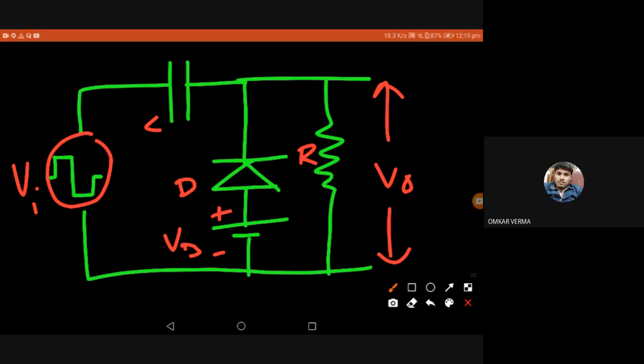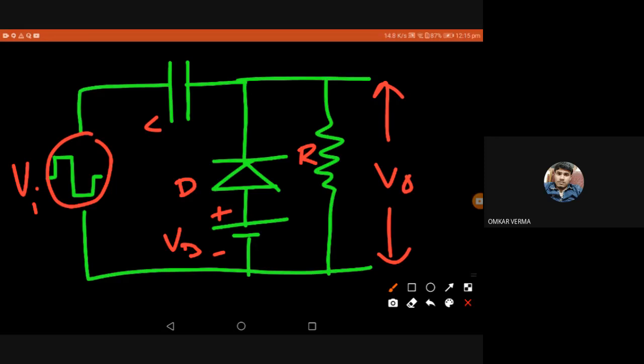Yes. Can you draw the circuit in a notebook? And there is only one thing, we are adding a DC source. So that comes in the two cycles, positive as well as negative. So we have to analyze those two cycles with respect to this voltage. That's it. And you can assume VB is less than V input. Well, I give the condition here.